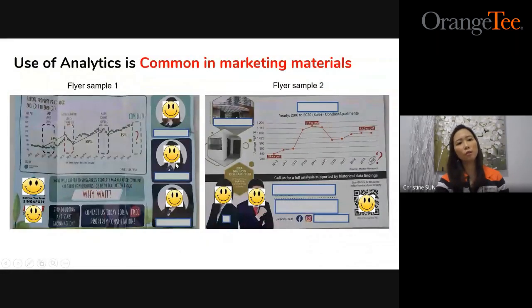Just recently at my house, I received 2 flyers. These are flyers for condominiums, sent in the letterbox from some competitor firms. I blocked out their faces, the projects, and the company names as well. But you can see that the use of charts and even analytics is becoming more and more common in many marketing materials and even flyers.